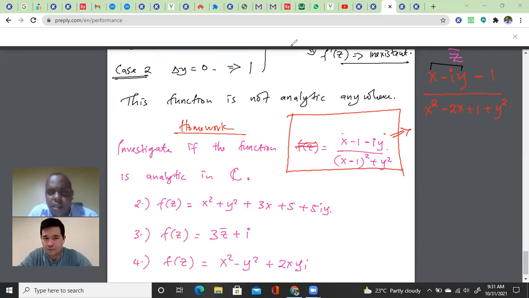So let me write this one the way it is without expanding. So this is x minus 1 squared plus y squared. So we have z plus z bar over 2 minus y minus i.